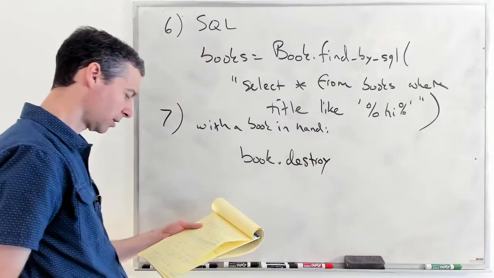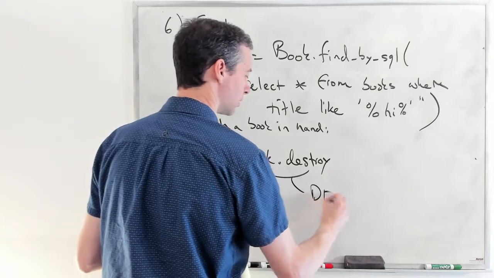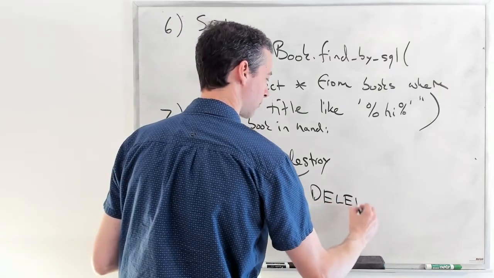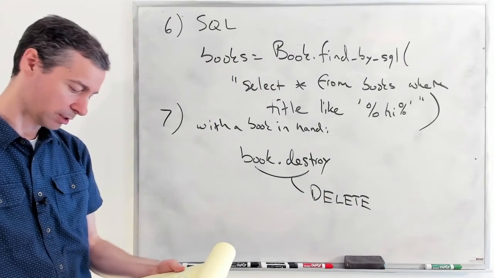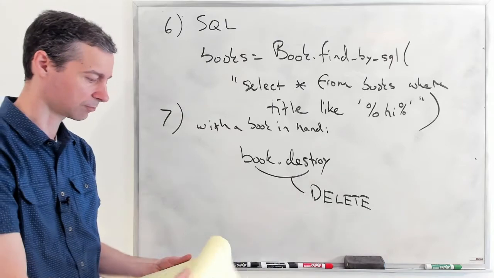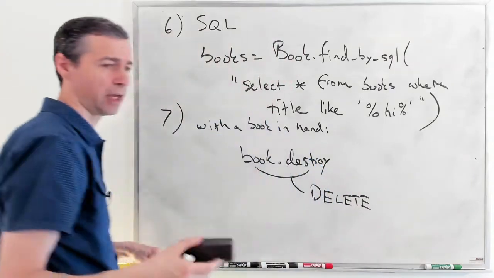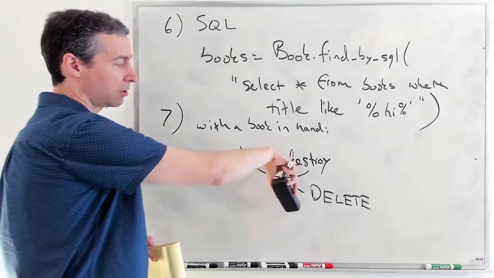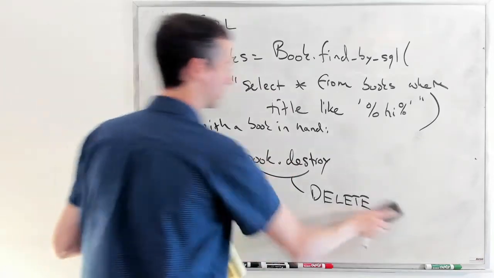This will then run a delete for us to actually remove that row from the database. All right. Don't call book.delete because that'll get you in the habit of skipping out on any special Rails mechanisms. Get in the habit of calling destroy.